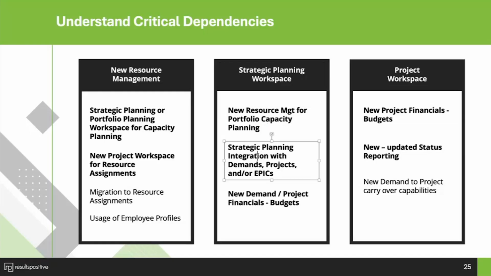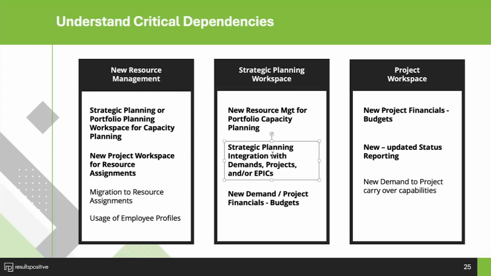There is a strategic planning integration layer. Strategic planning has planning items, so they have a different record for demands, for projects, for epics. So you want to make sure that that integration gets set up, and then it is multi-directional or whichever fits your business requirements. But that's what would guide organizations.